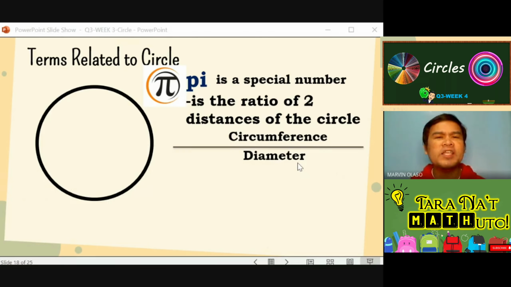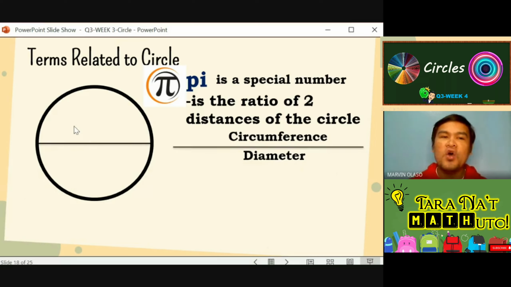Let us visualize na kung paano nga ba nakuha yung amount or yung number equivalent sa pi. So let us visualize. Suppose, ayan na, we have a 1 unit or 1 diameter in the circle. So ito na yung distance across. Ito naman yung circumference, distance around the circle.